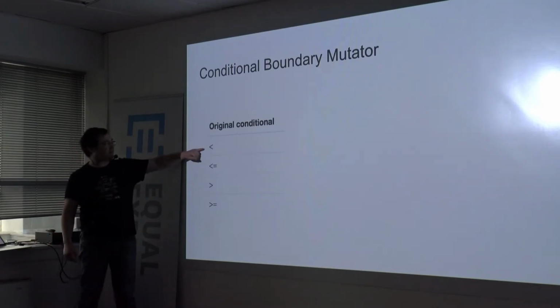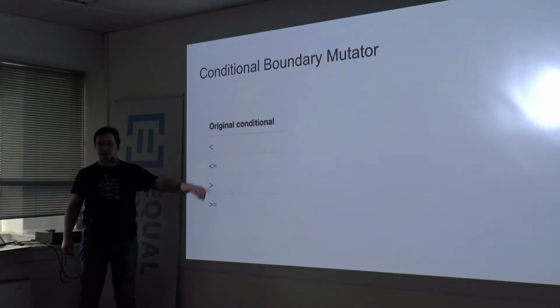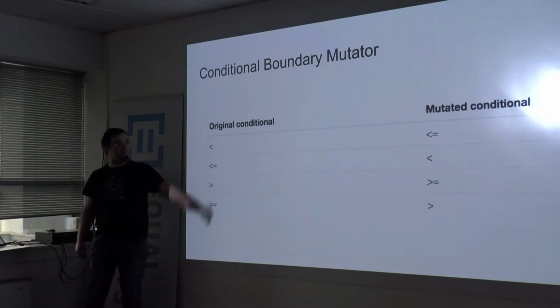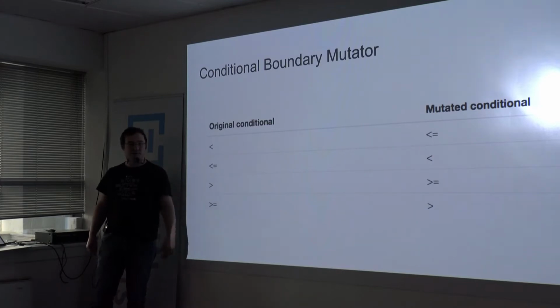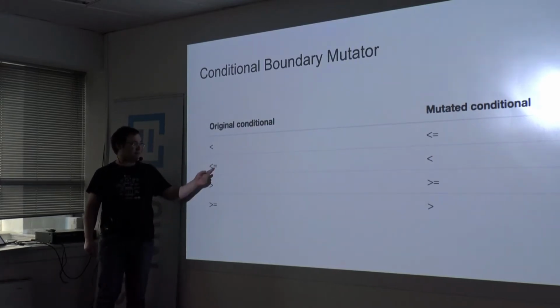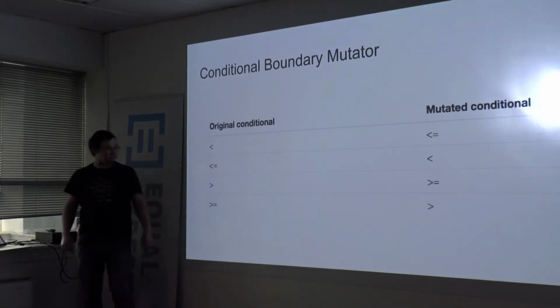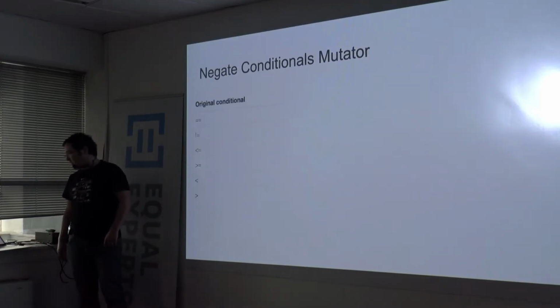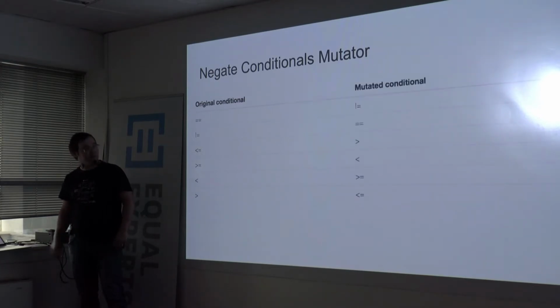Whenever it finds this operator, regardless of where in the code, it will change it to the other version. So just add an equal. If it had an equal, it just removes it, and so on. This is a conditional boundary. Negate conditionals, just inverting the meaning.